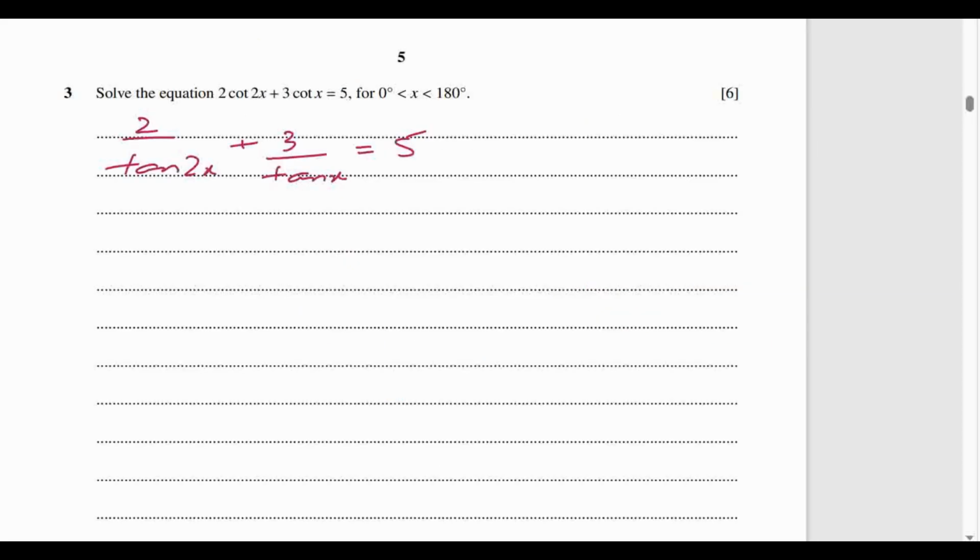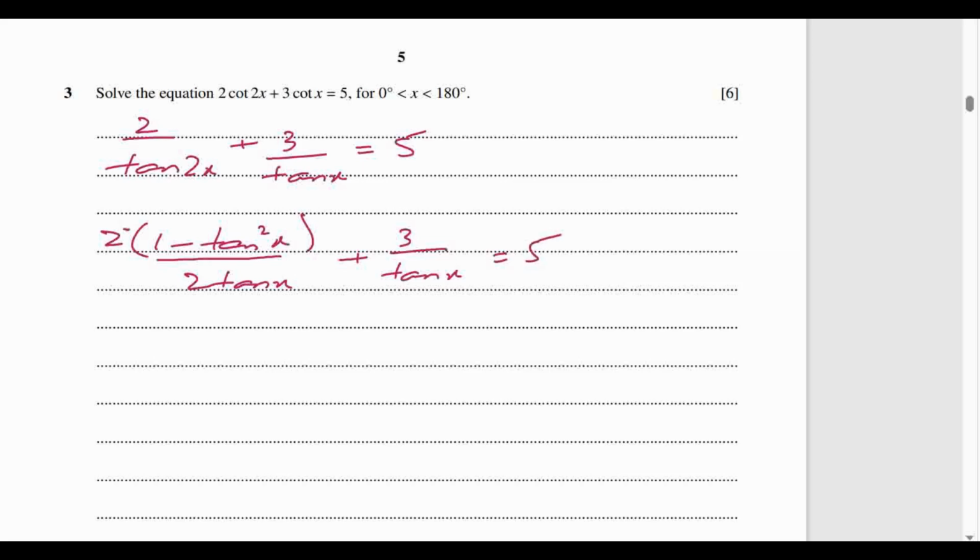So it means that this will be equals to 2 into 1 minus tan square of x divided by 2 tan of x plus 3 by tan of x is equals to 5.